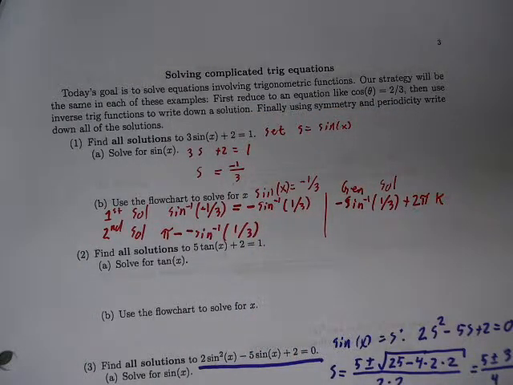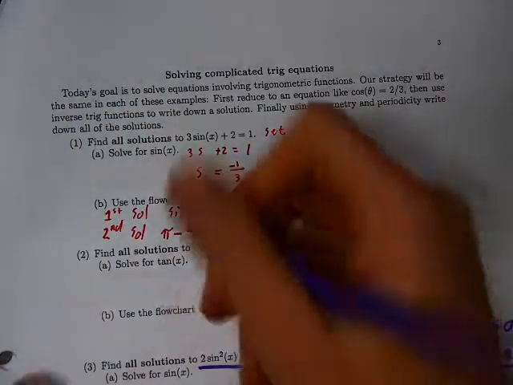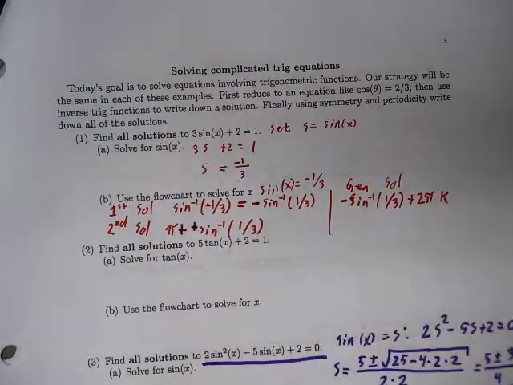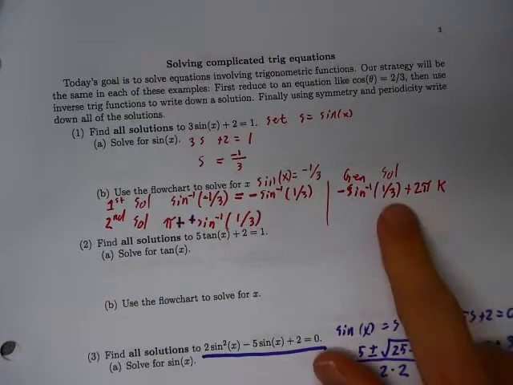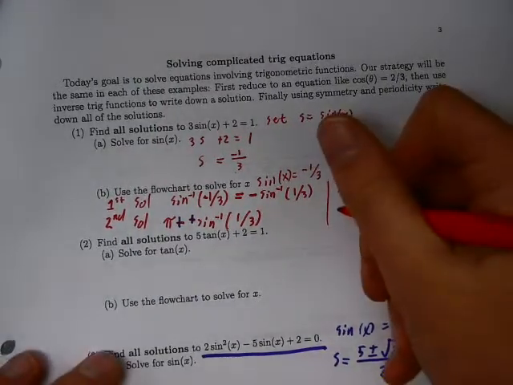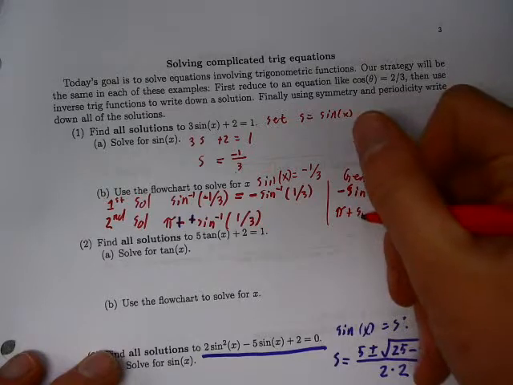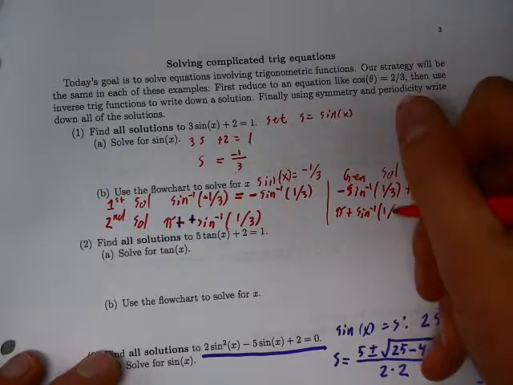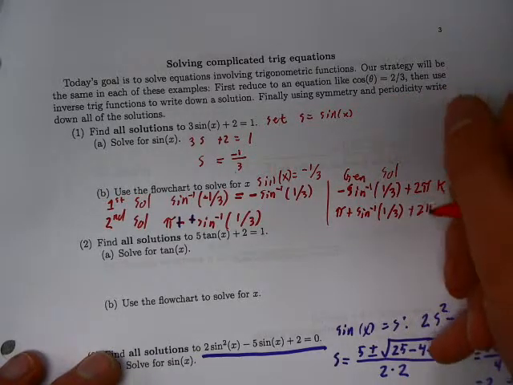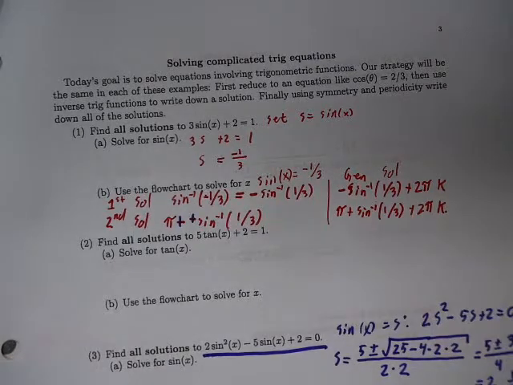Minus a minus is a plus. So the general solution is negative inverse sine of 1 over 3, and pi plus inverse sine of 1 over 3, plus 2 pi k. People feel pretty good about that?